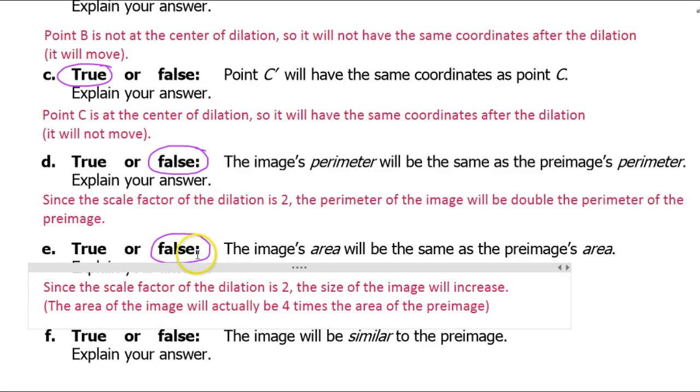So, yeah, false. Since the scale factor of the dilation is 2, the size of the image will increase. Now, funny story, while the lengths are doubling, right, with scale factor of 2, the area does not actually double. The area will actually be 4 times the size.